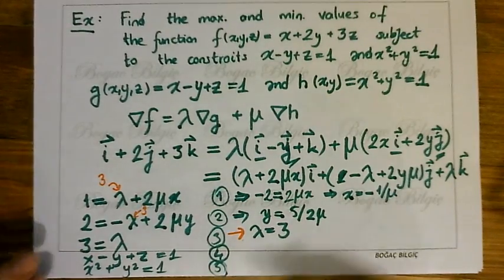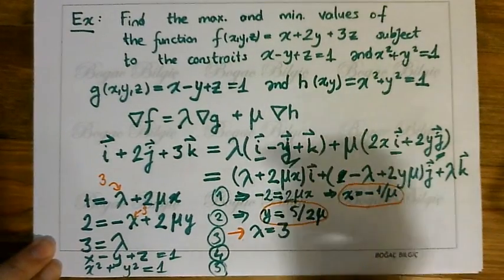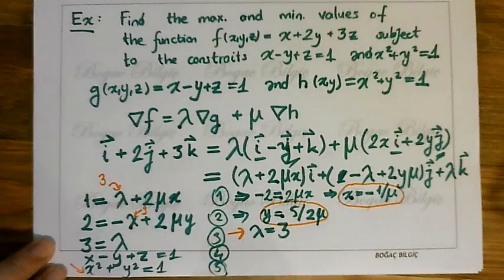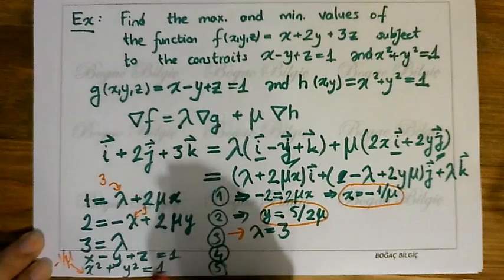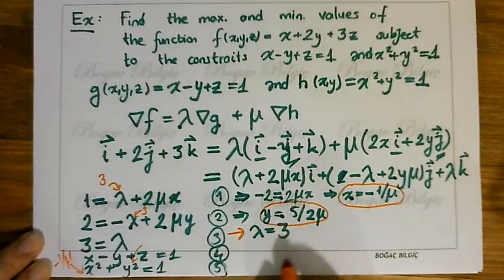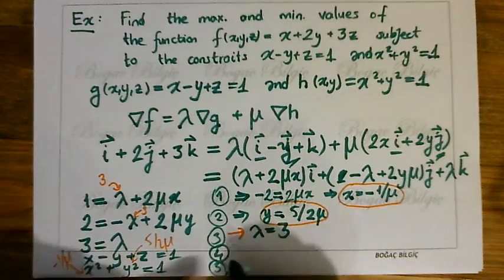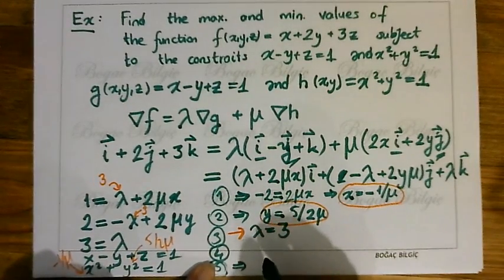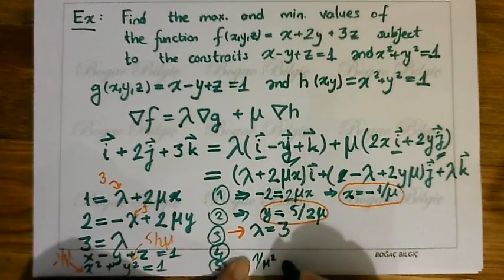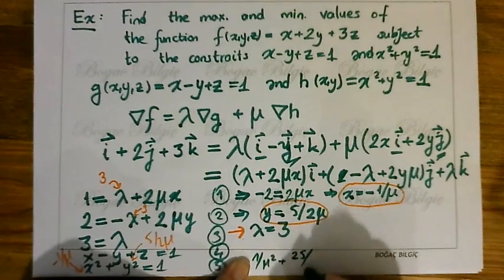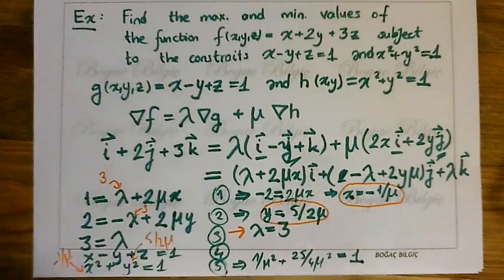This is x, this is y. x is minus 1 divided by nu, y is 5 divided by 2 nu, and then 1 divided by nu squared plus 25 divided by 4 nu squared is equal to 1.